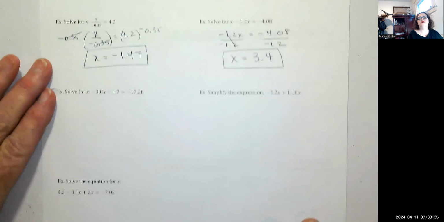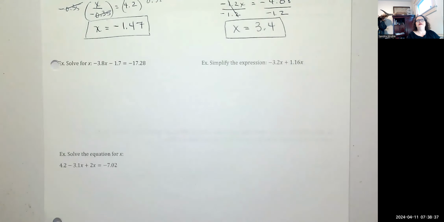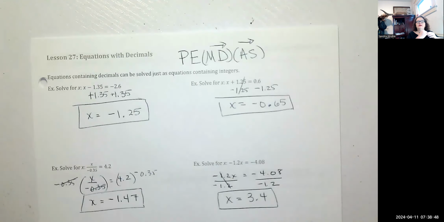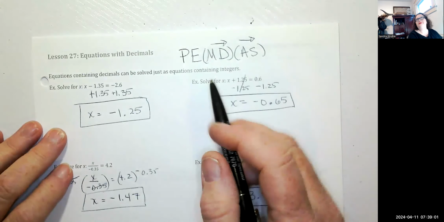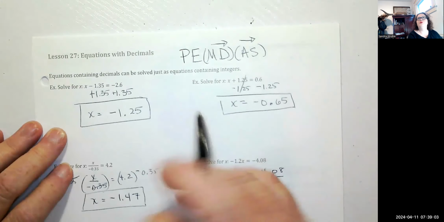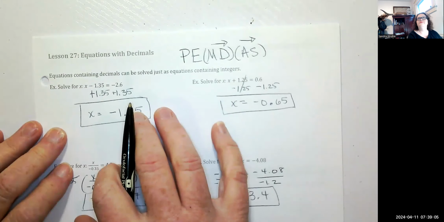Woot woot. All right, solving for x: negative 3.8x minus 1.7 is equal to negative 17.28. When you think of the order of operations, whenever we're working through an expression, we use it.